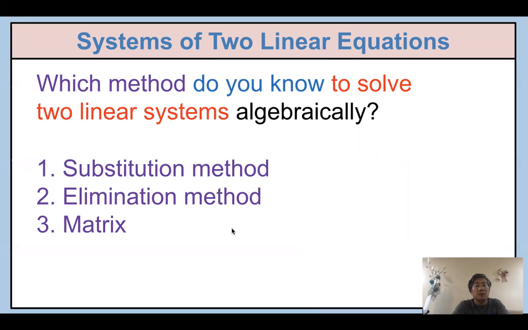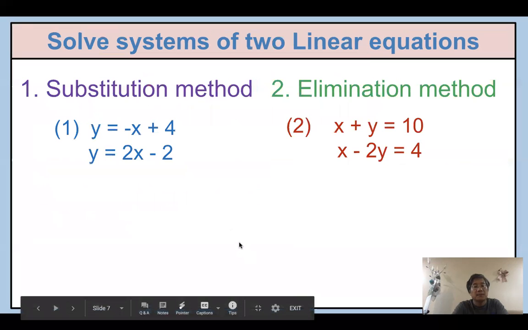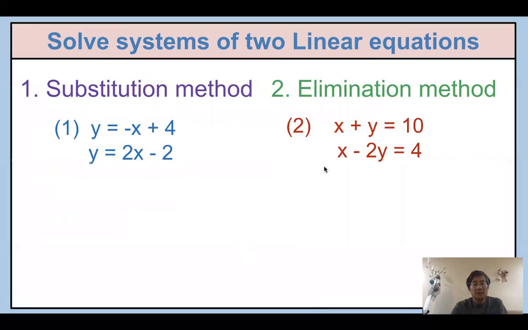So with the example, let's try. This is for matrix, from the movie. Substitution method and elimination method. I already wrote down like this, but when you see the question, you should determine which method to use, which method is better.